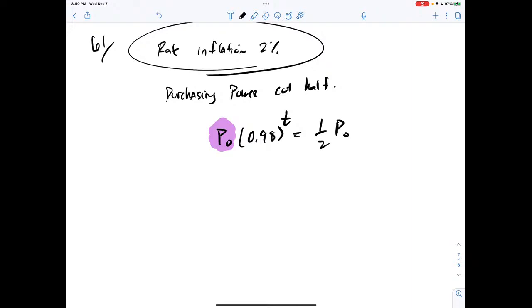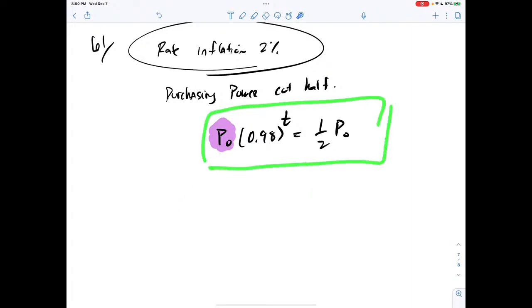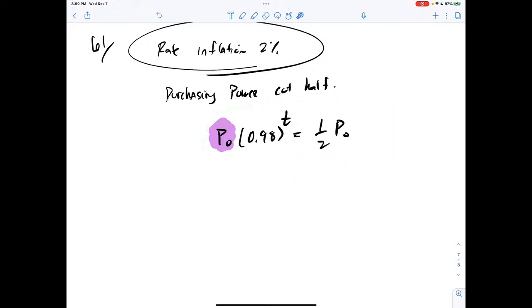So if the rate of inflation is 2%, how many years has to go by until your purchasing power is cut in half? Whether it's $1, $100,000, or $1 million, when does that amount get cut in half? Does this equation make sense? Anyone else can ask as well if they're curious about this question. This is 61 from the compound interest worksheet.